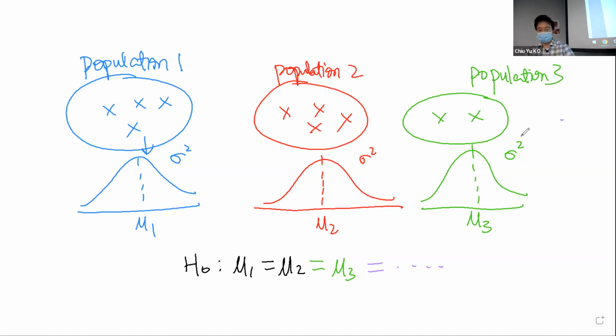And historically, ANOVA is the way people do experiments and test the efficacy of a certain program, policy, or business plan. Suppose in the old days, for the farmer, they try to see different combinations of sunshine, water, fertilizer, and this and that, what we call treatments. Different treatments, and see if they all make a difference or not.